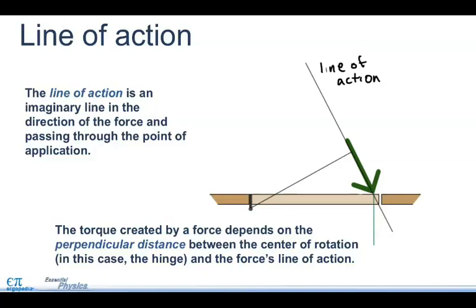So that looks like that might be fairly perpendicular. And so that would be the moment arm R. And so that is what is meant by the perpendicular distance from the pivot to the line of action. And that's how you determine it when the force is not perpendicular to the door in this case, or not perpendicular to the beam, or whatever the object is that the force is being applied to.